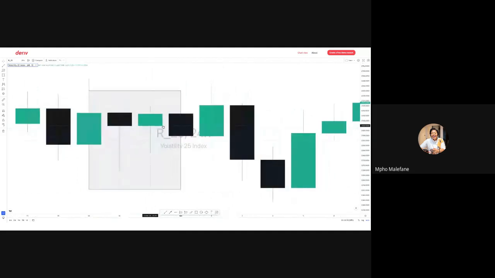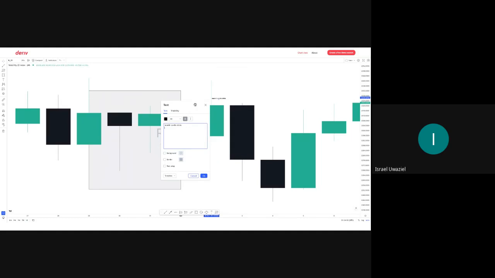We have the bearish candlestick and the bullish candlestick.